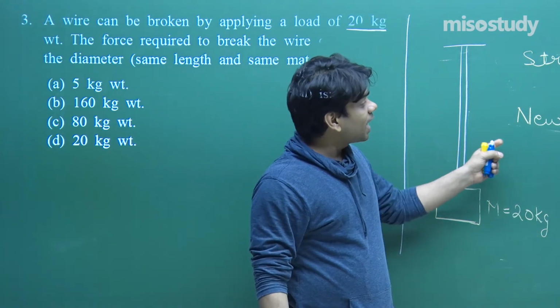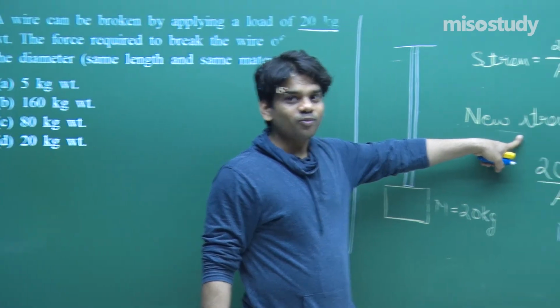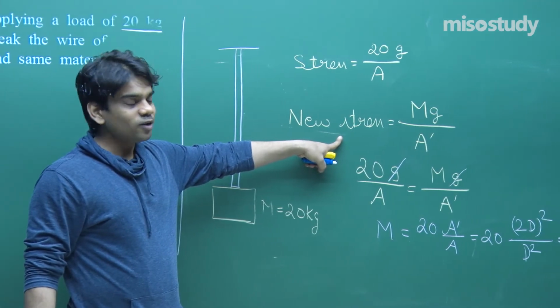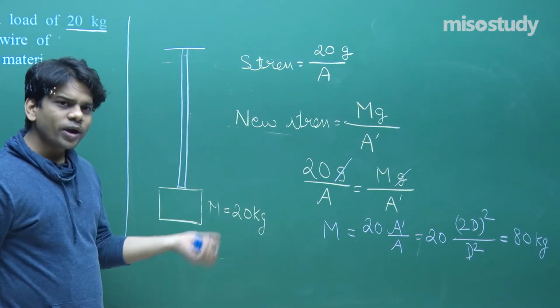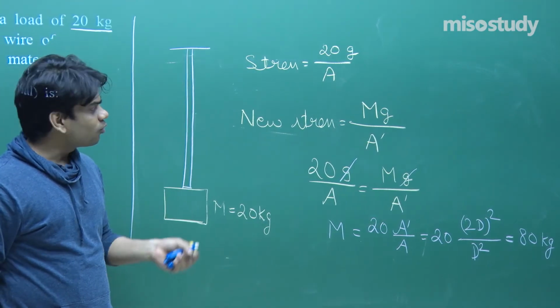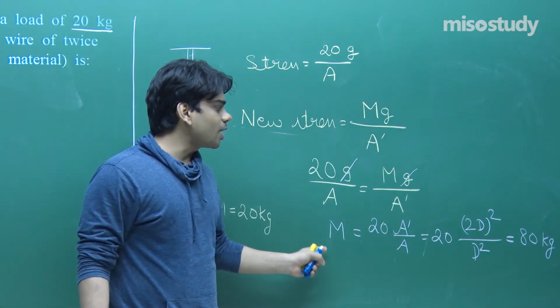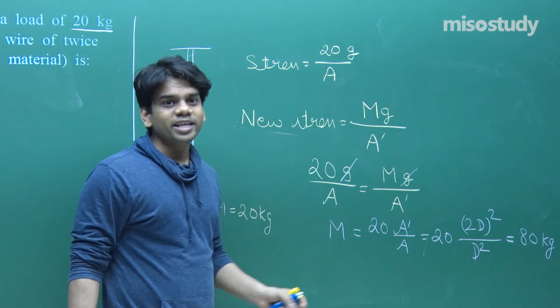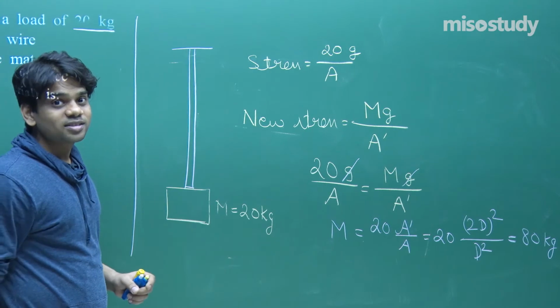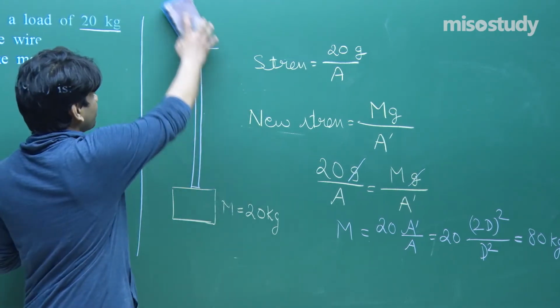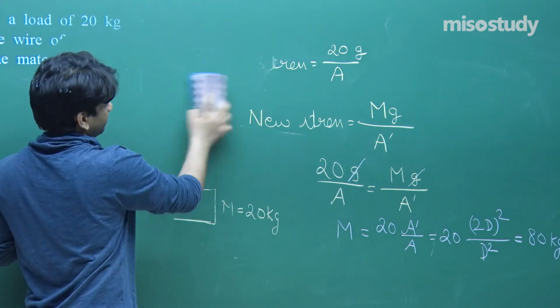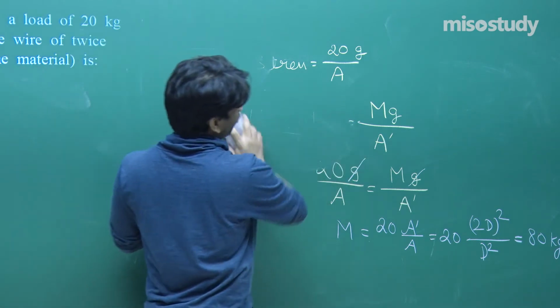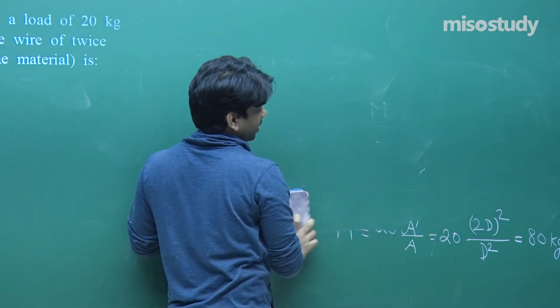Then you have to evaluate the value of mass. Go ahead in this way and you will find that the mass comes out to be 80 kg, and hence the breaking force will be 80 kg weight.